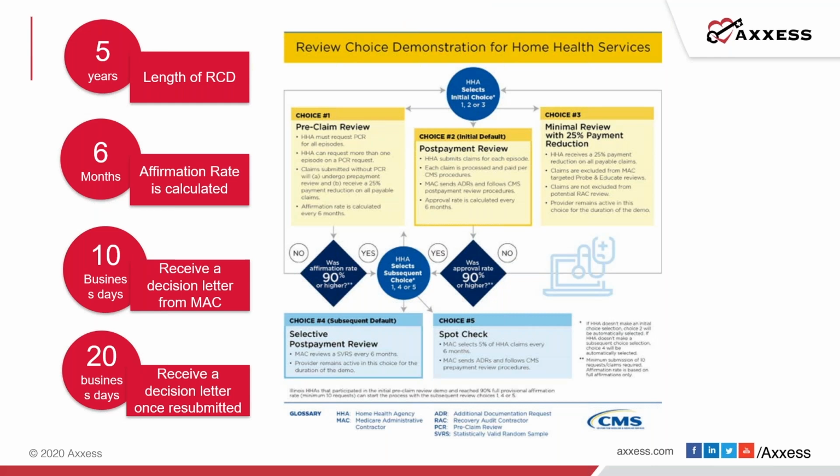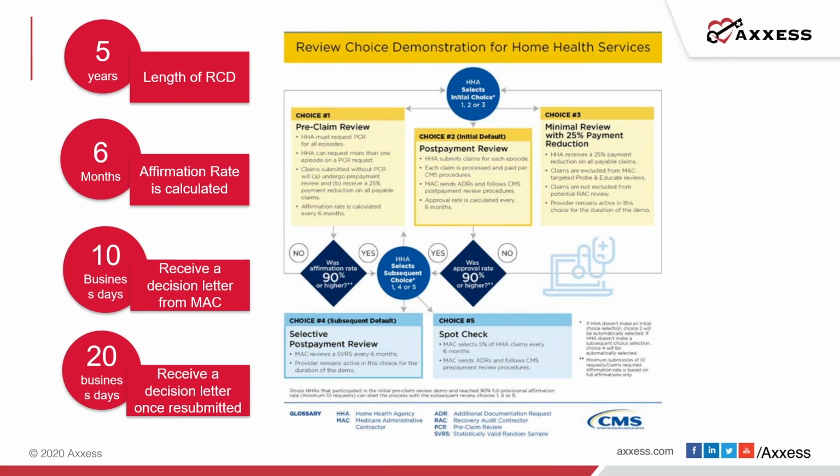So with that, we'll go over just a brief overview of the choices that are available to you once you've made your initial choice, and then your subsequent choice if you have a 90% affirmation rate after 6 months. Your first choice is pre-claim review, where you send 100% of your requests prior to the submission of your final claim in order to have that claim completely paid.